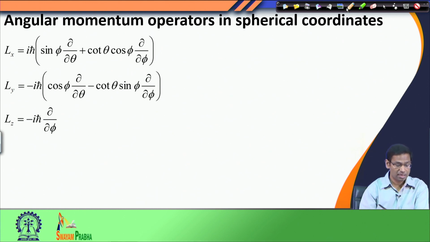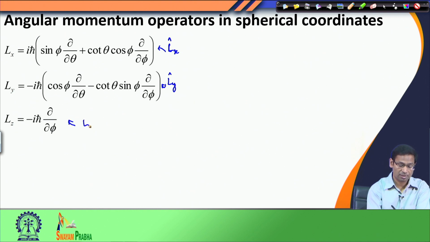Today what we show here is this is the Lx operator in Cartesian space, this is the Ly operator in Cartesian space, and this is the Lz operator. These are the Lx, Ly and Lz operators in spherical coordinate system.